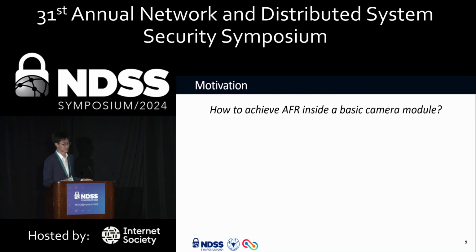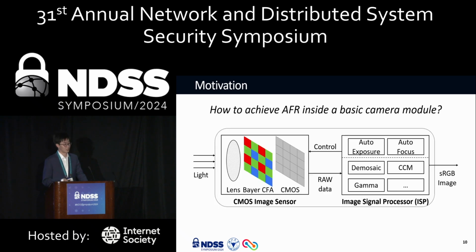However, most existing anti-facial recognition algorithms require intensive computation. So is it possible to achieve such a goal inside a basic camera module? The challenge is that a basic camera module only consists of an image sensor and an image signal processor, or ISP, which is dedicated to processing the raw data into a standard RGB image.